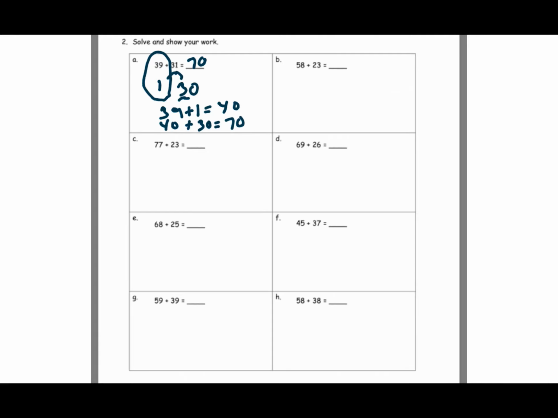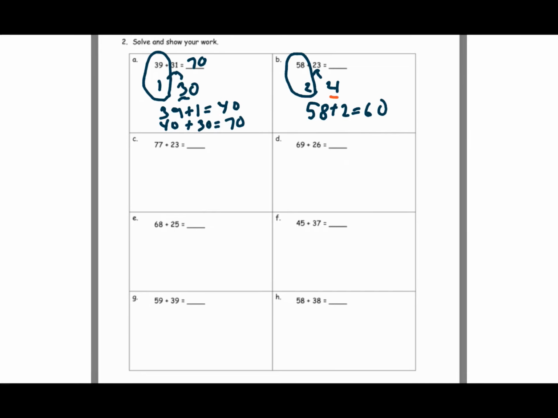Okay, let's look at problem B, boys and girls. 58 plus 23. And I look at 58, and I can notice also that 58 is very close to my next 10. So I'm going to break this into 2 and 21. 58 plus 2 would be my first problem to write down. 58 plus 2 is equal to 60, but I still have my 21 over here.